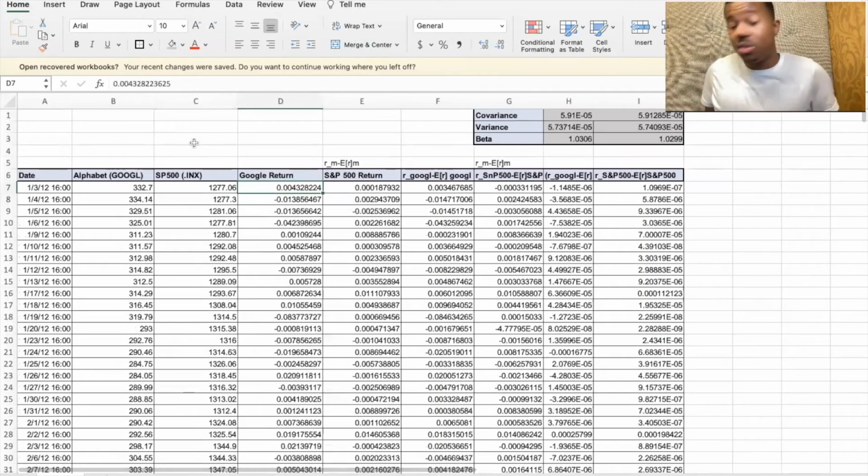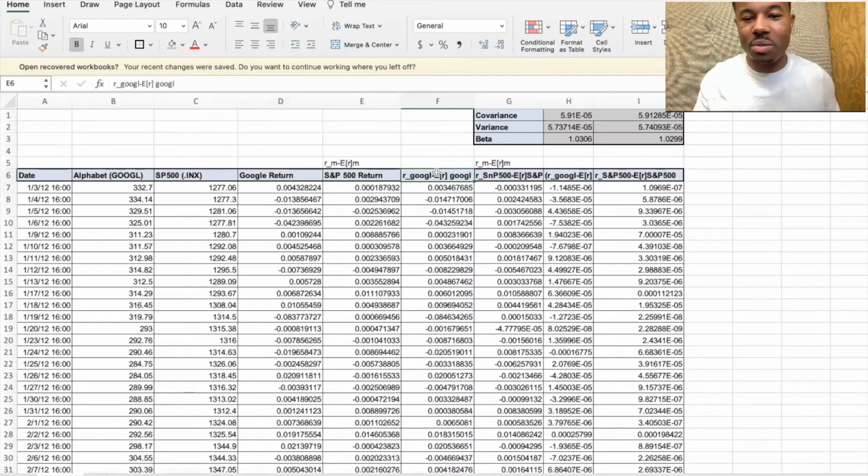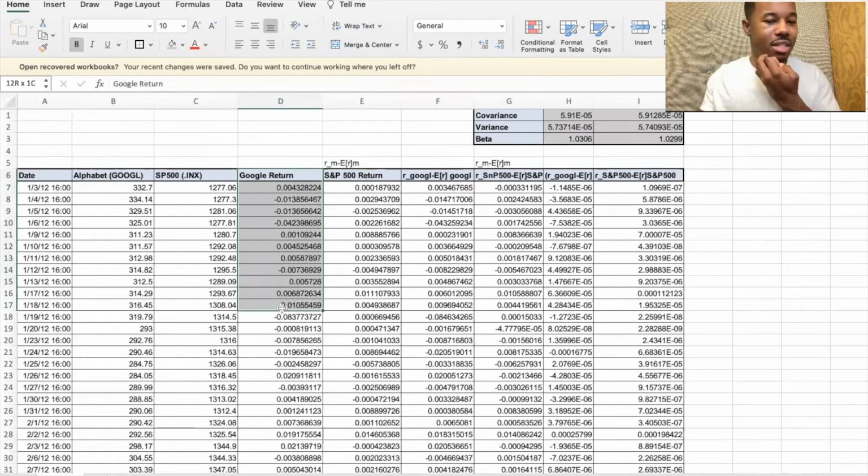Then we break it down further: the return on Google minus the expected return on Google, where the expected return is the average of all these returns from top to bottom.